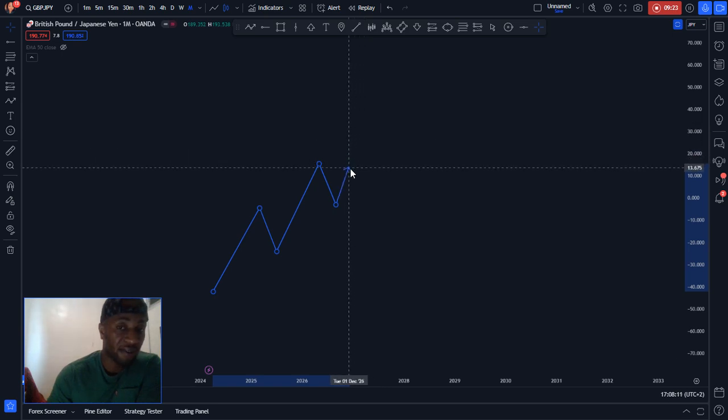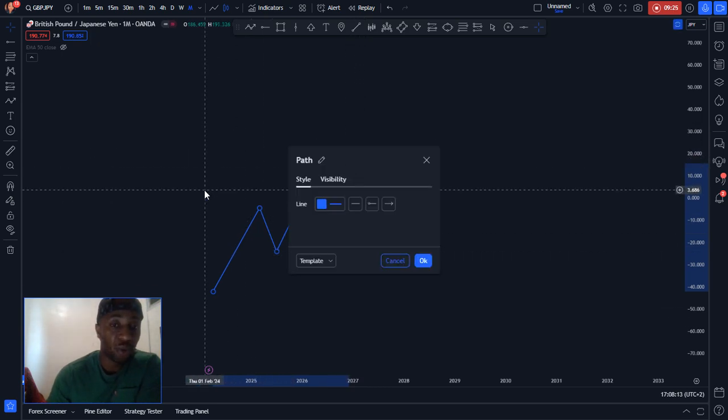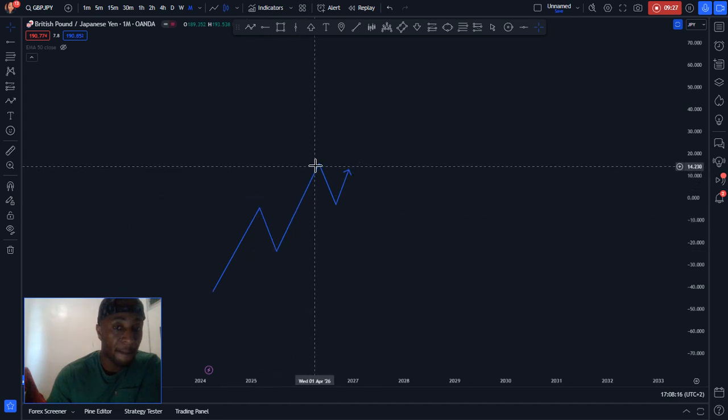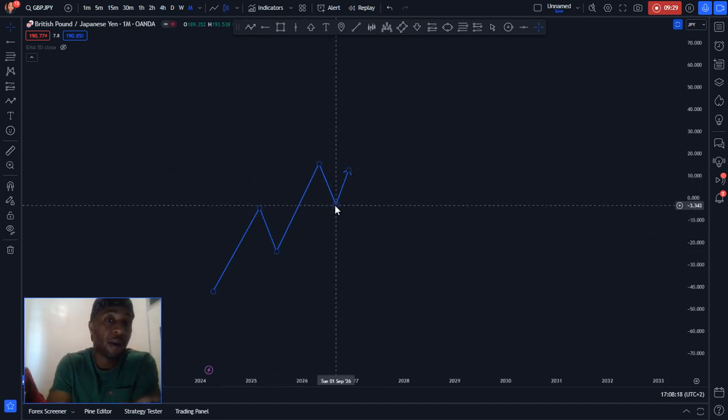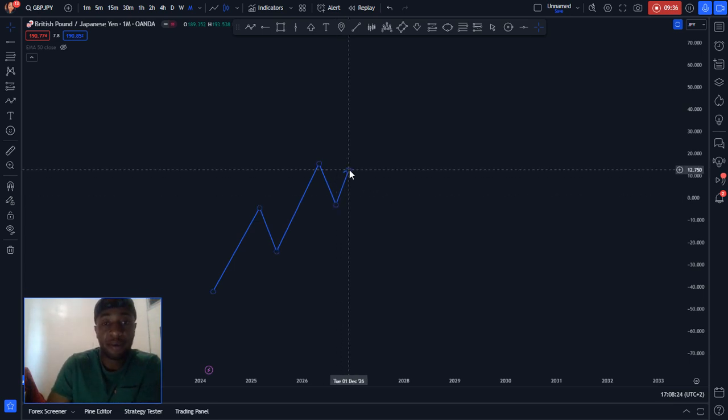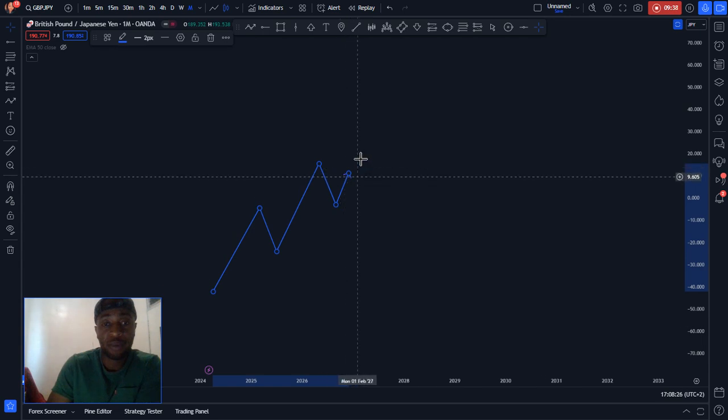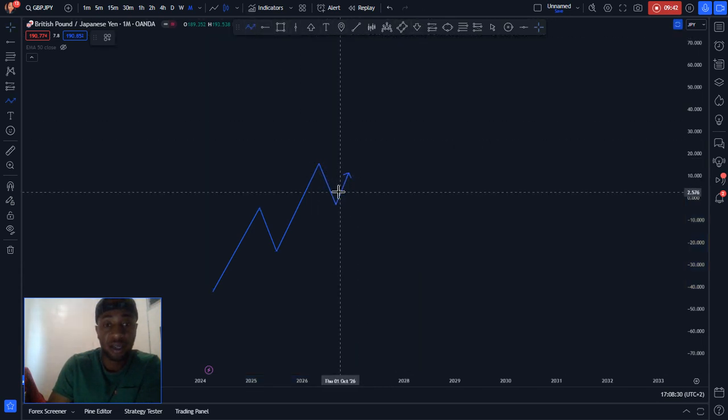It's very, very important that you can identify your structure based on the higher time frame, because if you start analyzing your market from a 1 hour time frame, you might find that maybe in this structure right here it's something that looks like this. For example, let's say what you see here on a weekly time frame, when you go to a lower time frame.